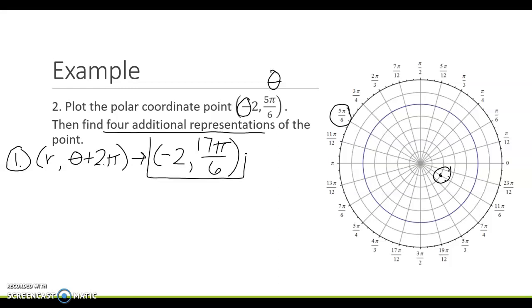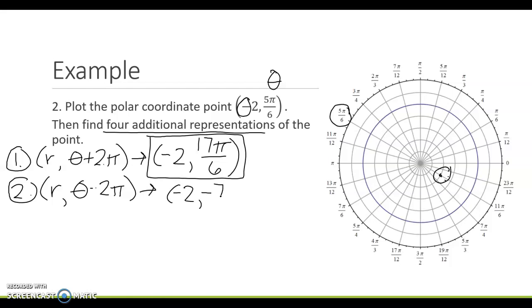So there's another representation of the same point. Keep my r value the same, theta minus 2 pi. So keeping that negative 2, 5 pi over 6 minus 2 pi gives me negative 7 pi over 6.